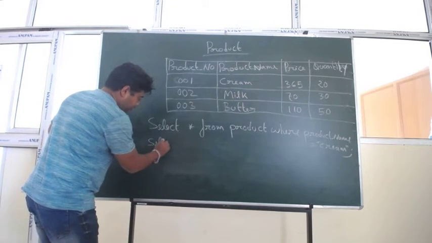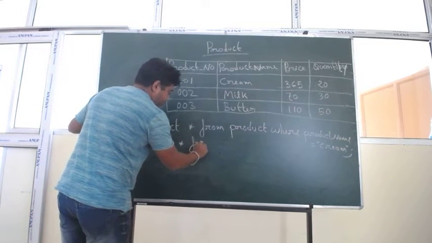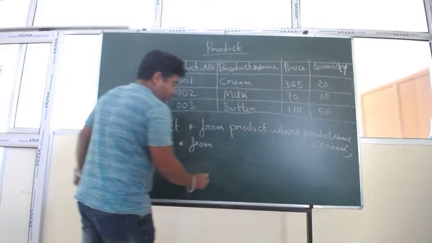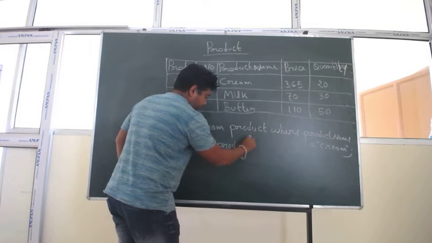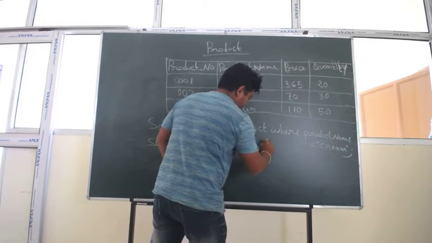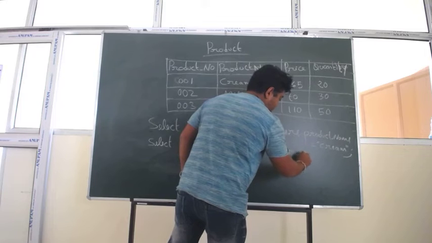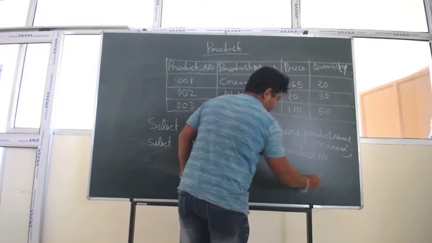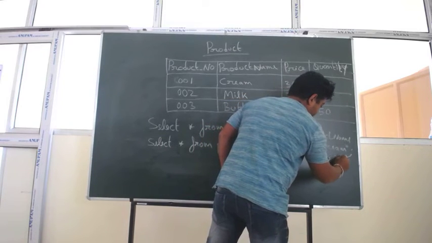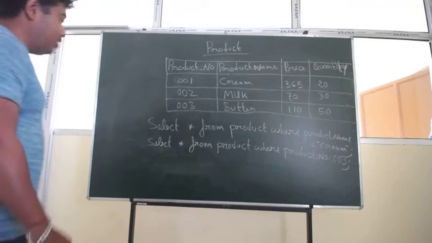Select star from product where product norm equal to 003.